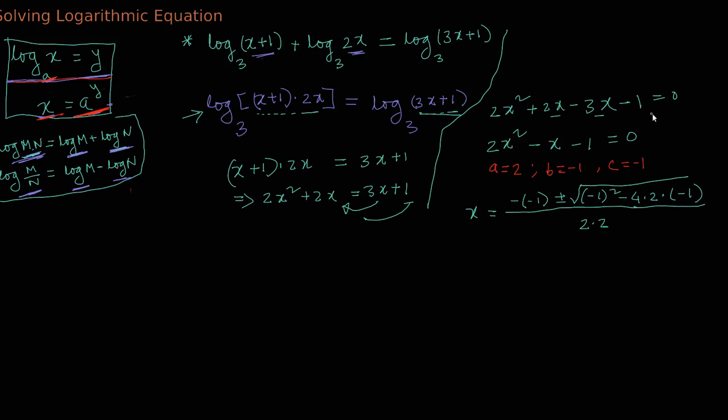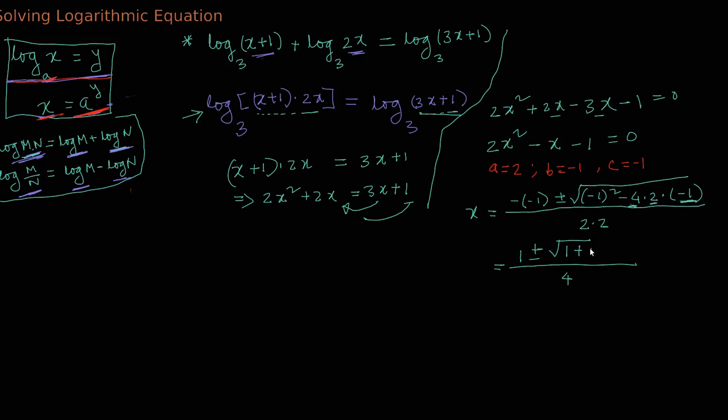Let's now simplify. 2 multiplied by 2 is 4 in the denominator. Negative and negative 1 becomes positive 1, plus minus square root. Negative 1 square is 1. Negative 4 multiplied by 2 is negative 8, and negative 8 multiplied by negative 1 is positive 8.